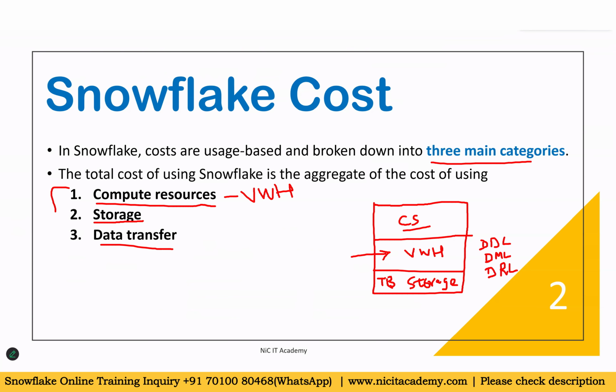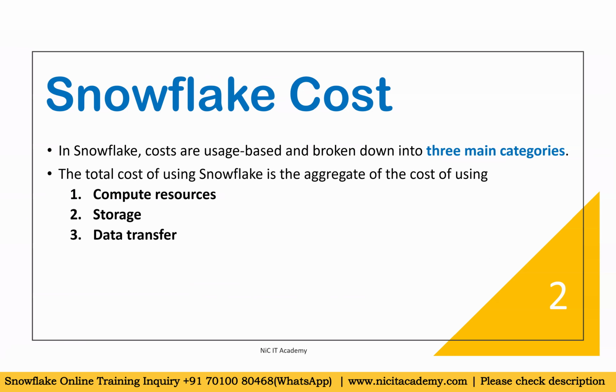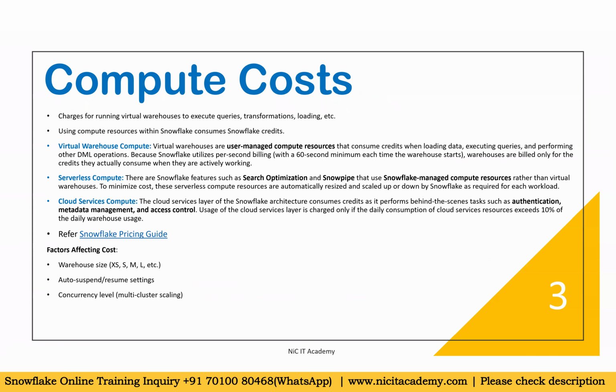So there are three different categories. They will ask this in interviews as well as in certification questions. Compute resource, the virtual warehouse, then storage, then data transfer. Now, what is compute?